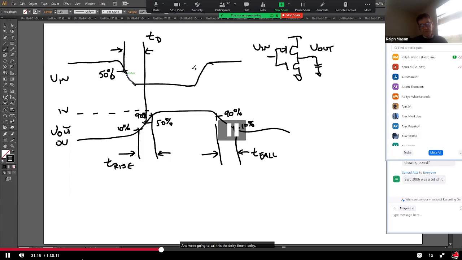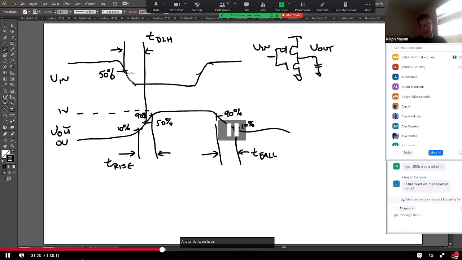In this case, the output's going from low to high. Is this what we measured in lab 1? Yeah, you guys might be measuring this in lab 1.